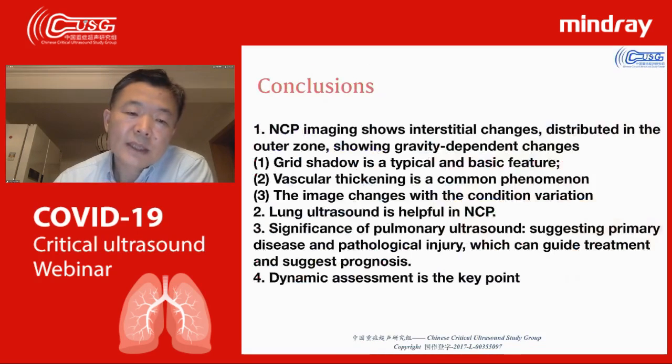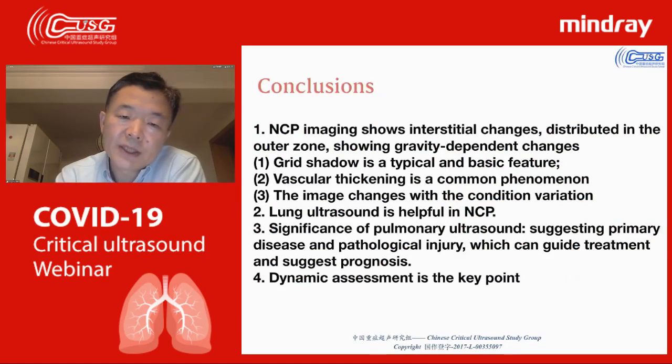So I think now I should conclude this topic. I think the NCP image shows interstitial change distributed in the outer zone, showing gravity-dependent changes. Gray shadow is typical and a basic feature. Vascular syndrome is a common phenomenon. And the image changes with condition variation.